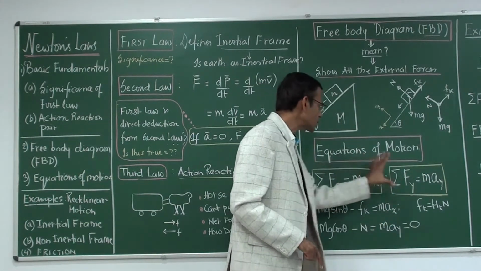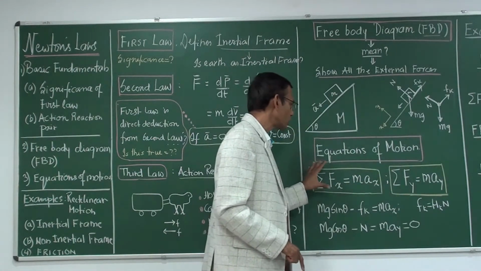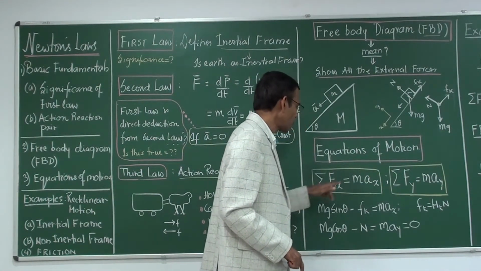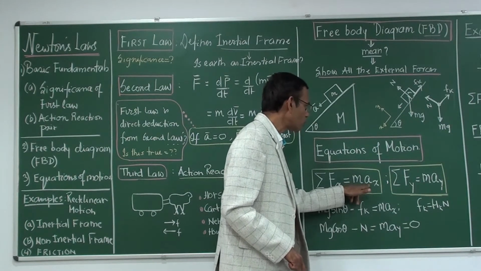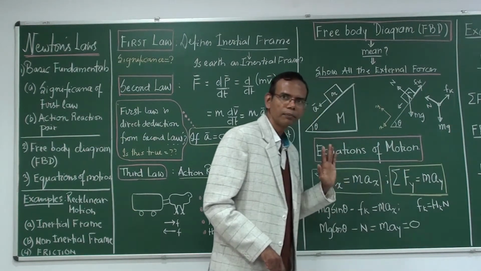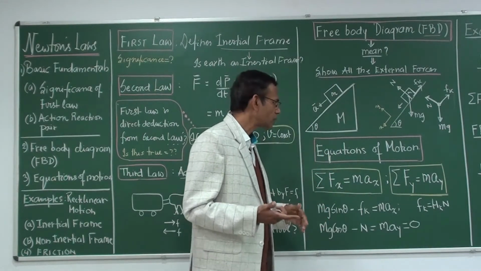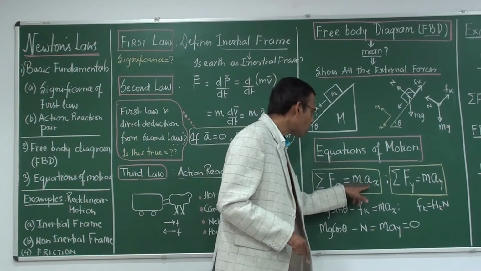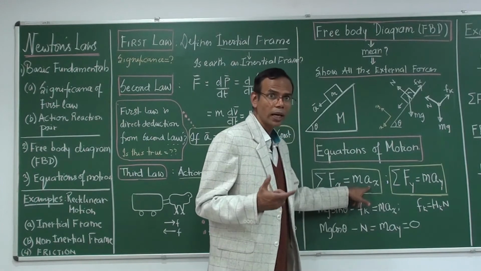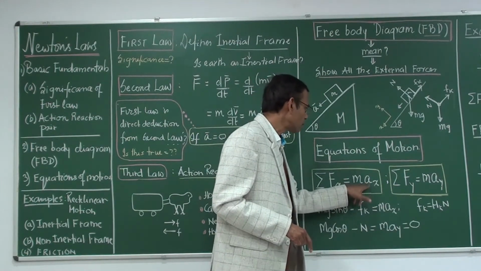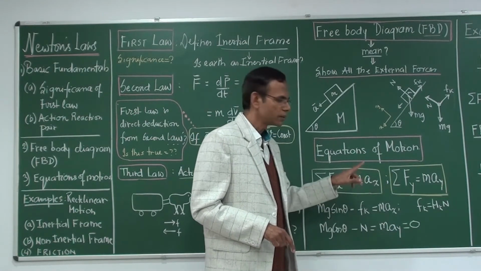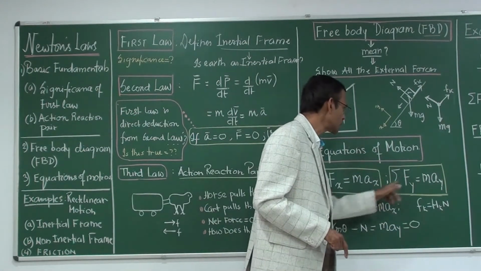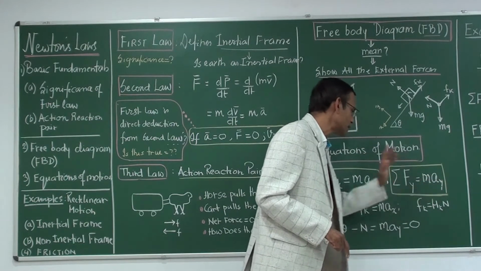You should always write these two formulas. Here, as you can see, you can calculate the values of ax and ay, and from there you can calculate the value of a. Also, if you want to calculate the velocity, you can write dvx by dt, dvy by dt in place of ax and ay.